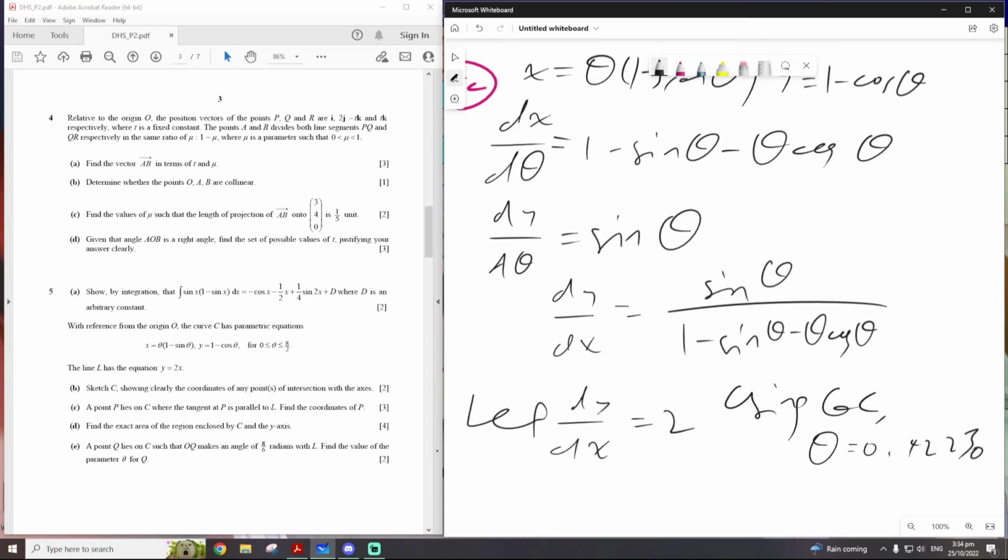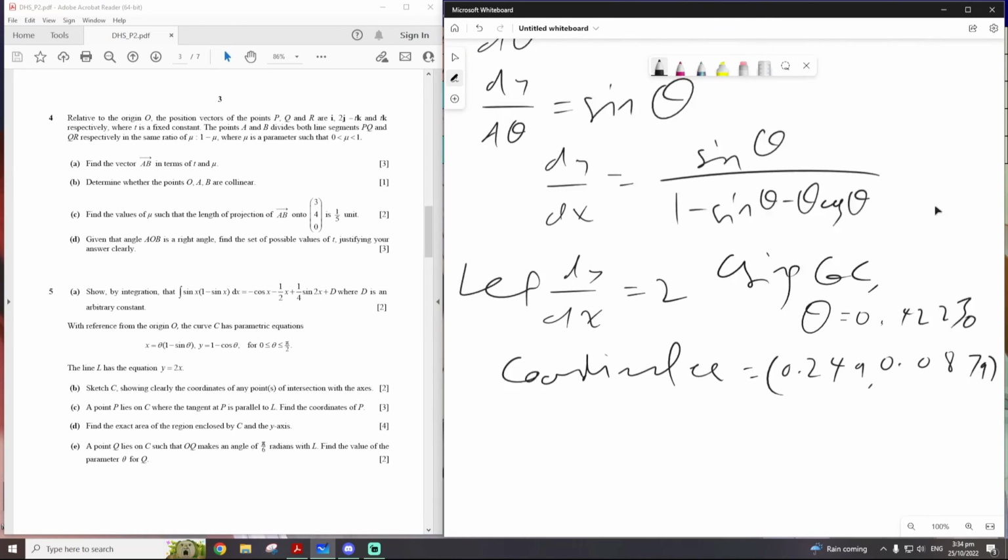So I get the coordinates to be 0.249 and 0.0879. Okay.